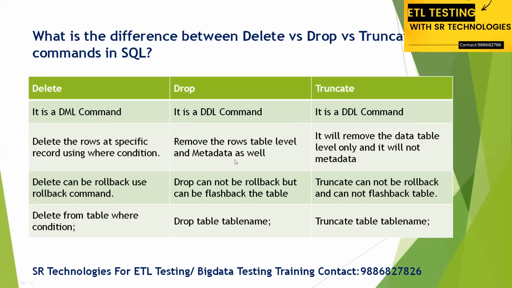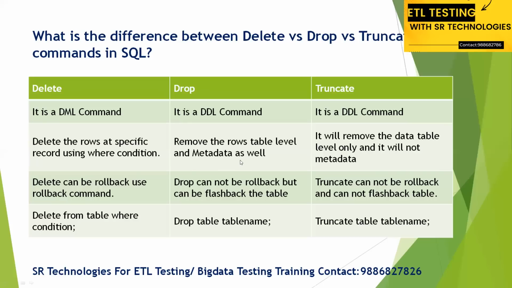But when it comes to drop, you can drop at table level, and it is going to remove the table as well as the metadata, which means that particular object itself is going to be removed from the database.